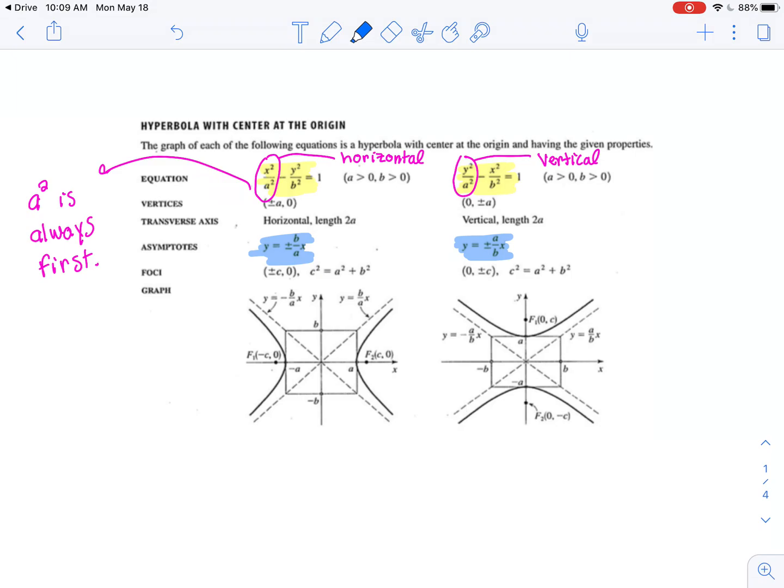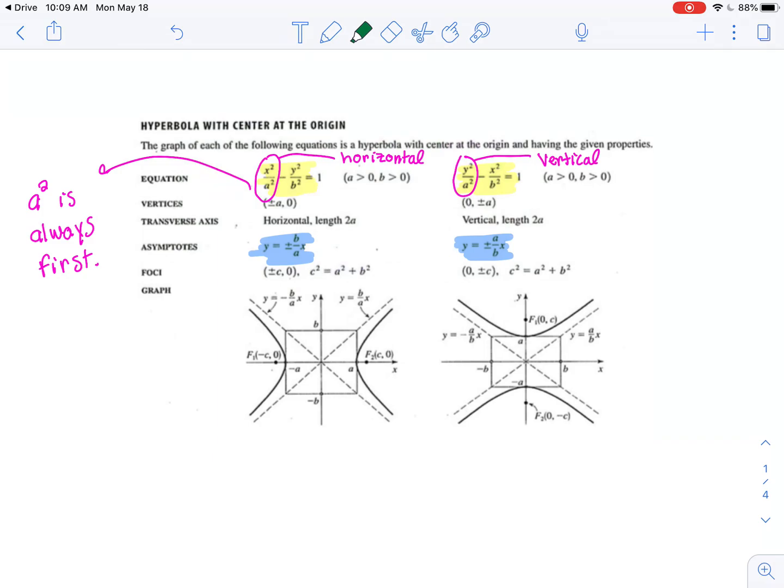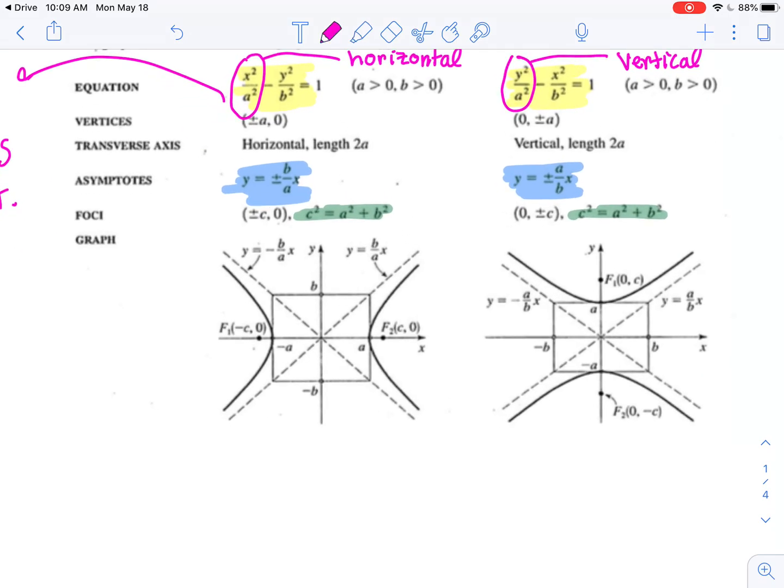And then last, we have the foci. You're going to use this equation to help you find your c value. Our c value is always the distance from our center to our foci. From the center to my foci is always my c value.